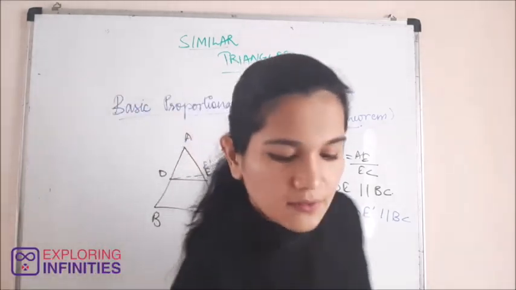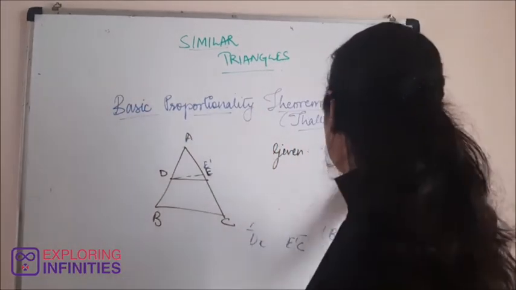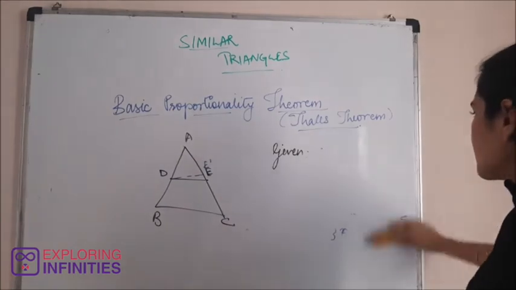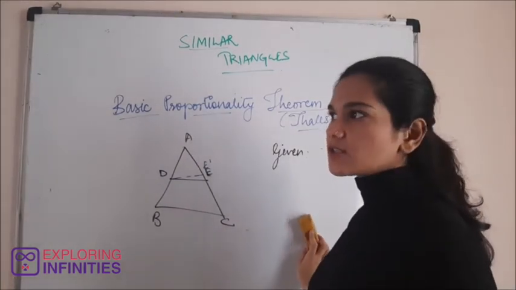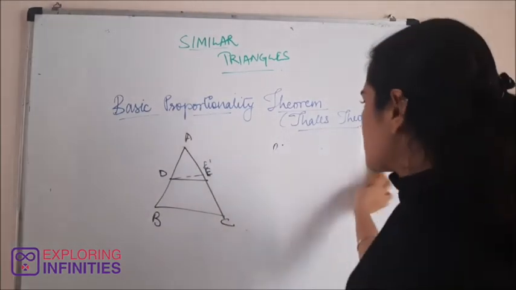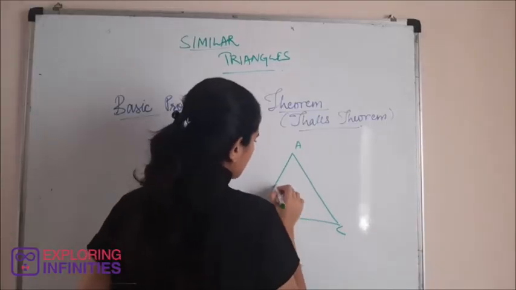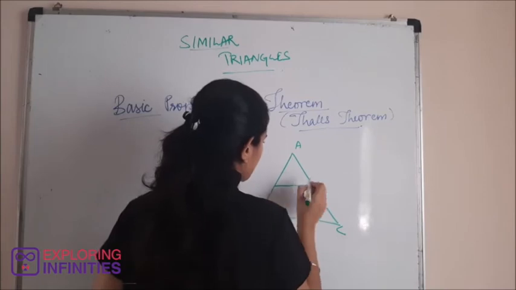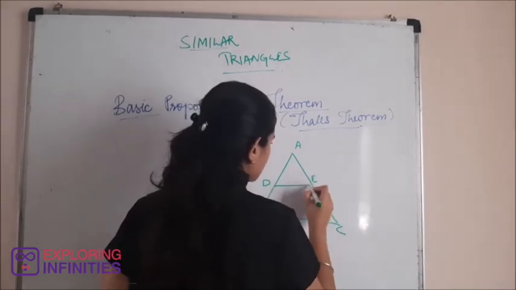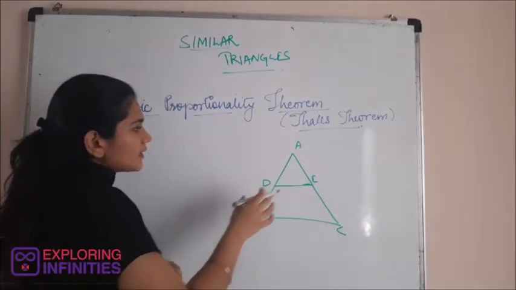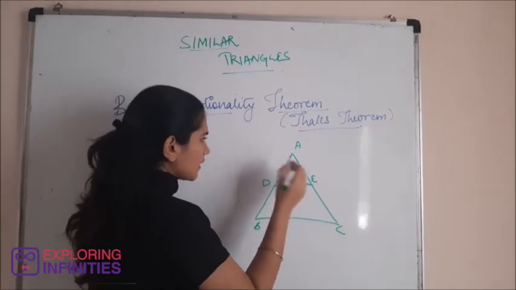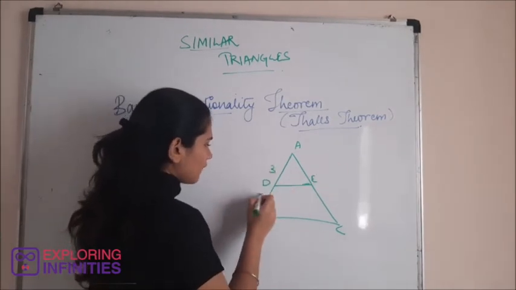Now we are going to discuss one direct application of the basic proportionality theorem. What kind of questions would you get in the basic proportionality theorem? Take triangle ABC, where we are given that DE is parallel to BC and it divides AB in the ratio 3:5.